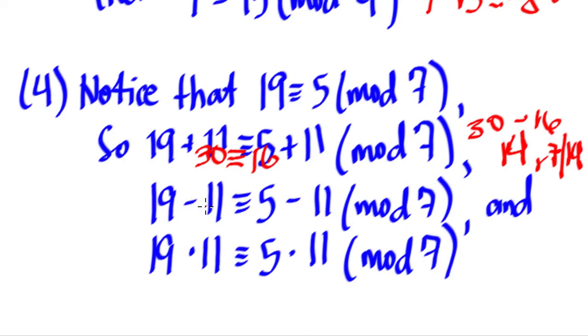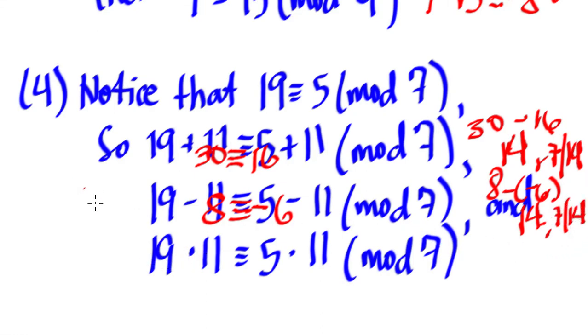Here, 19 minus 11 gives us 8, which is congruent to 5 minus 11, which is minus 6. So we have 8 minus minus 6, which gives us 14. Again, 7 divides 14.